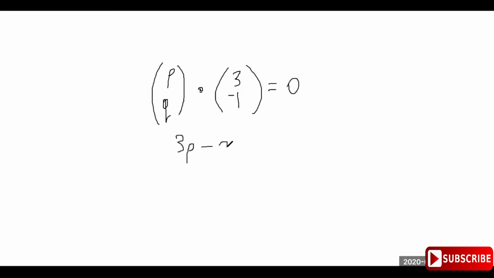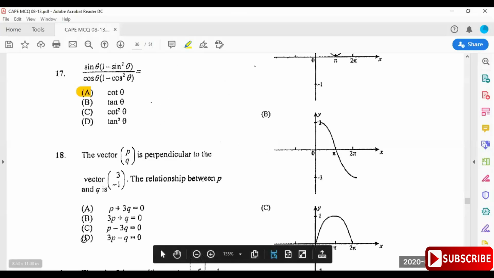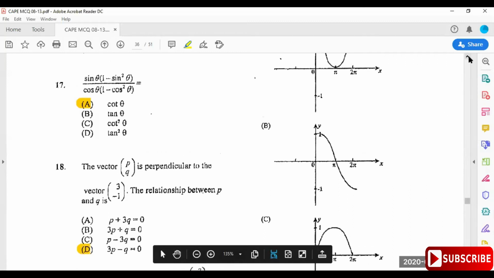Solving this, P dot 3 is 3P, minus Q, equal to 0. So 3P minus Q is equal to 0. Yes, Errol, you're right again. That's D. Easy question.